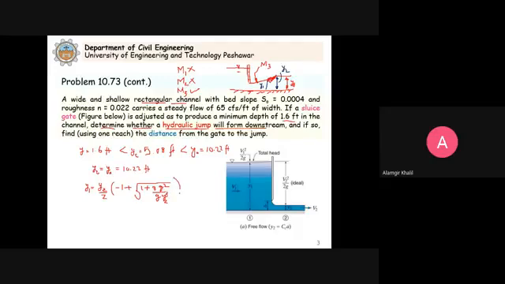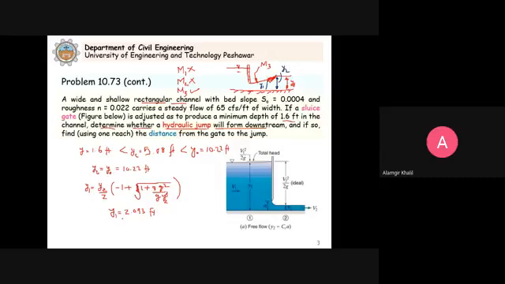Clear? Now you put the values. When you put the values, we can easily calculate Y1. So this Y1 will be equal to 2.093 feet. This is now the depth upstream of the jump.